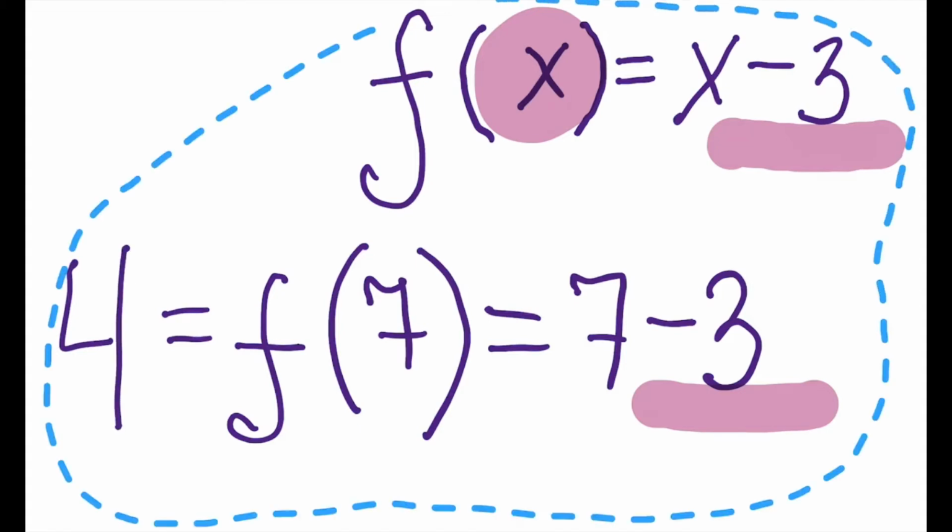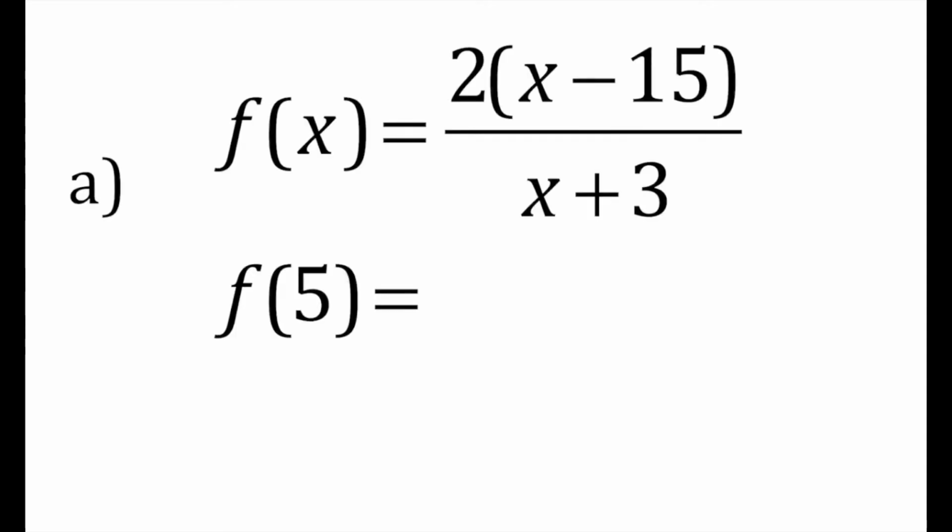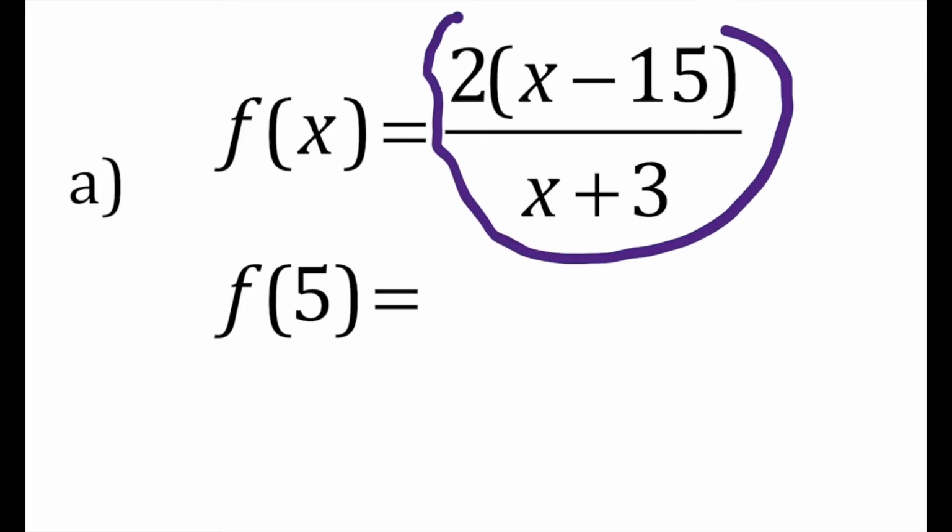Evaluating a function is plugging in a value instead of your variable and then making necessary calculations. So this whole thing is my function. Now my variable is x, and it's right here and right here. So when I'm asking you to evaluate this function at 5, I'm asking you to plug 5 in place of x.